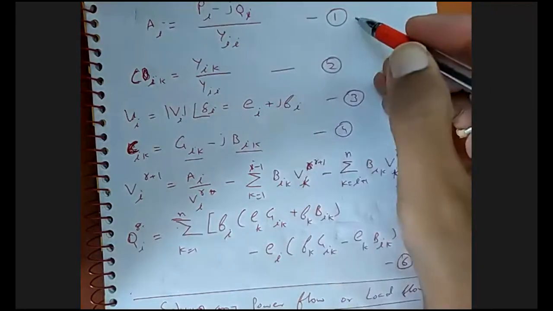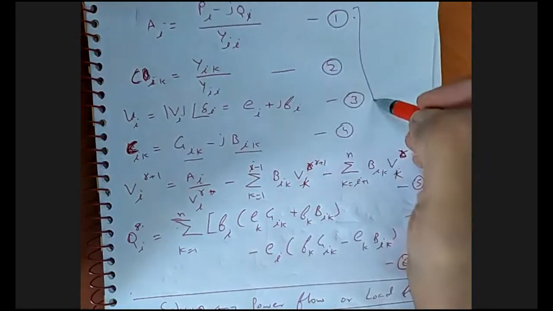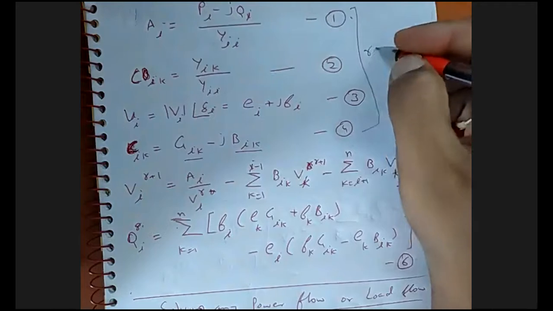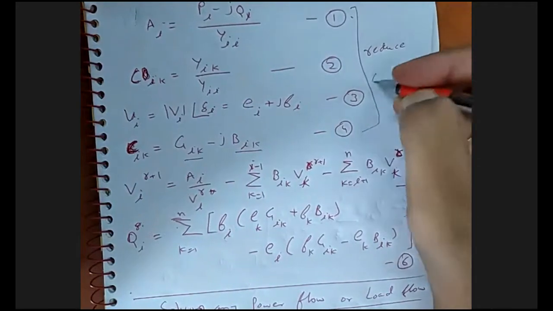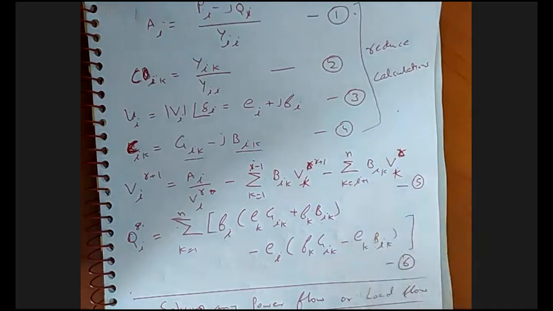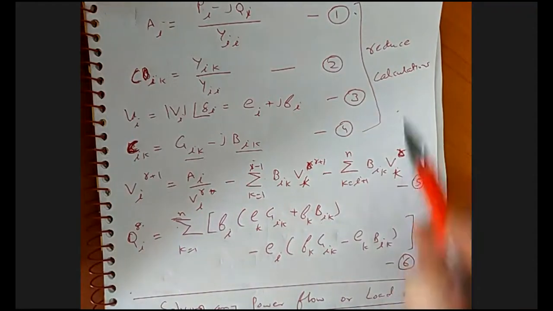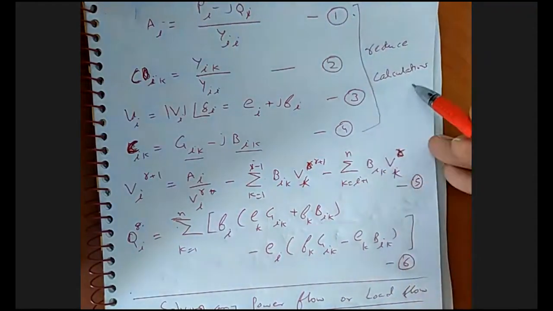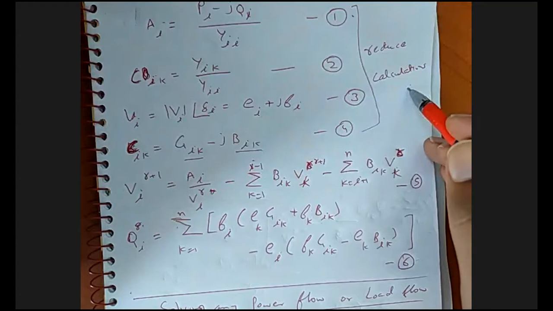These are the terms which are specified to reduce calculations, because these terms are already fixed, they are not changing. That means if we use these, then it will reduce our calculations.